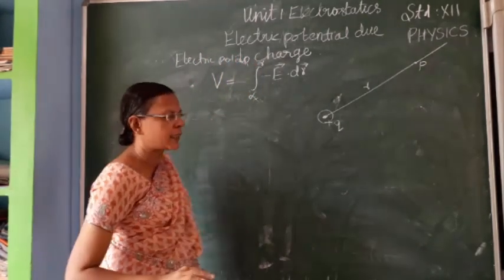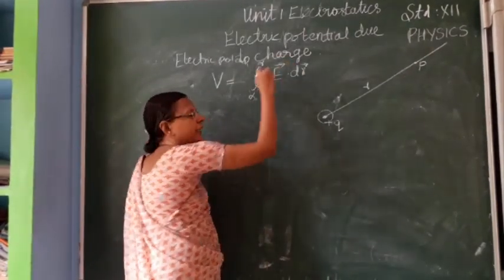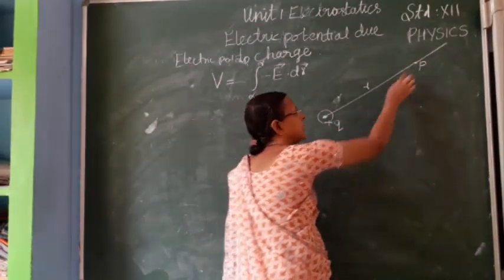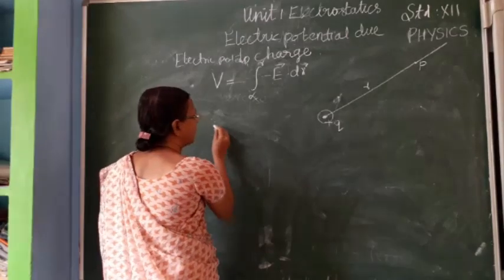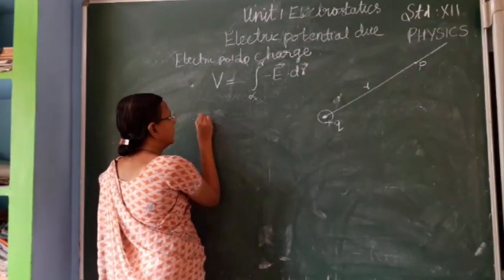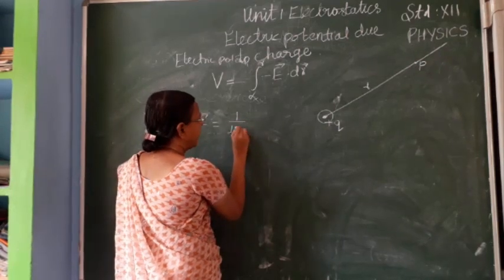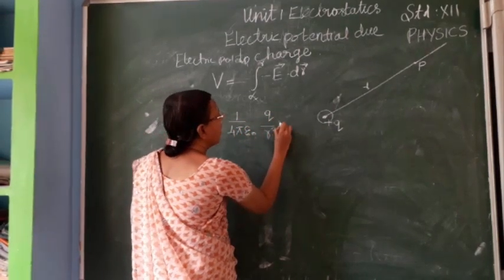Next, we have to know the electric field E. What is the electric field that P experiences because of this plus Q? E vector is equal to 1 by 4 pi epsilon 0, Q divided by R square, R cap.